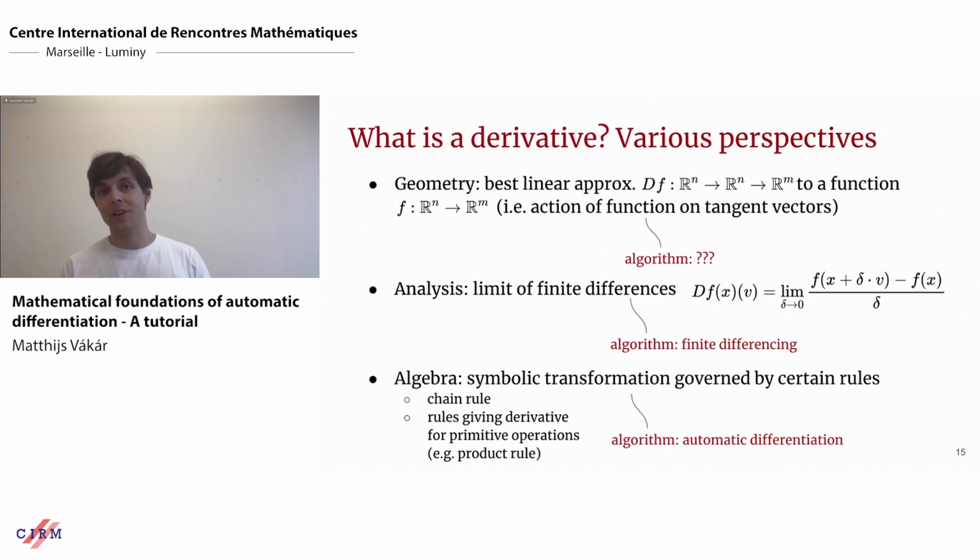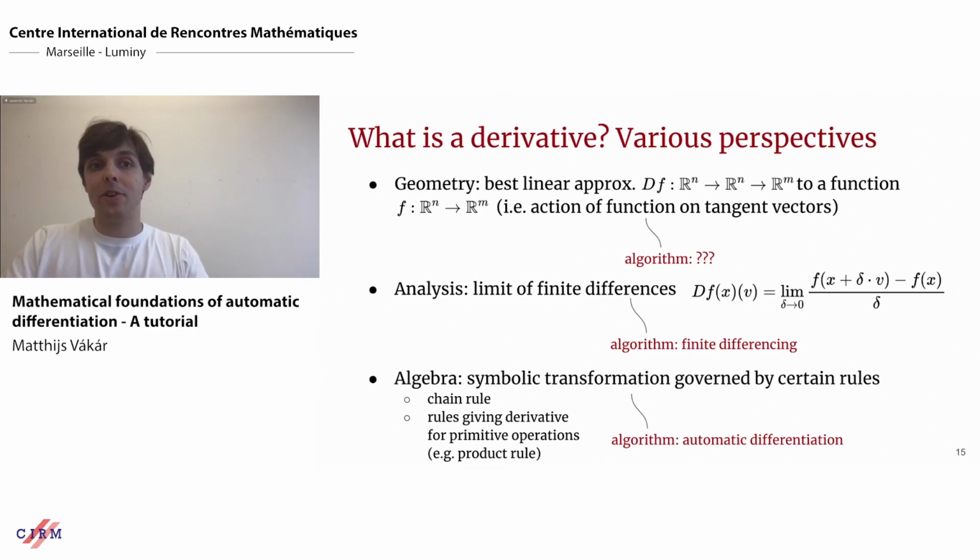What that means is if we have a function f from Rn to Rm, the derivative df is a function that takes the input x of type Rn and produces a function, a linear function really, that takes in a tangent vector at the input point x and produces a tangent vector to the output. So it extends the action of f to tangent vectors, and it does so at each input point. This is a very beautiful definition and it's quite intuitive, but it's not immediately obvious to me how you distill an algorithm from it.